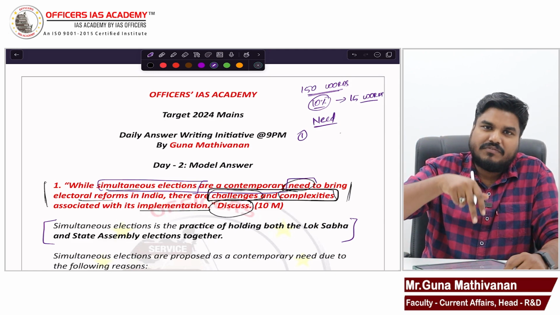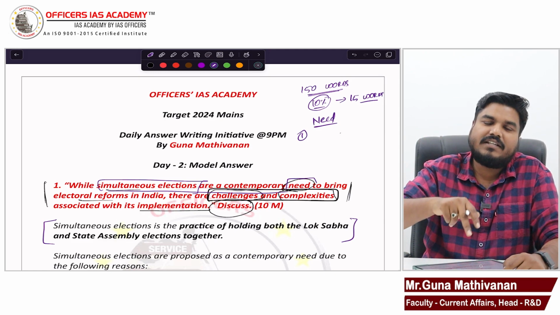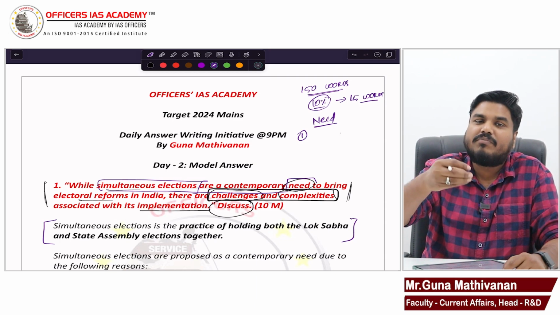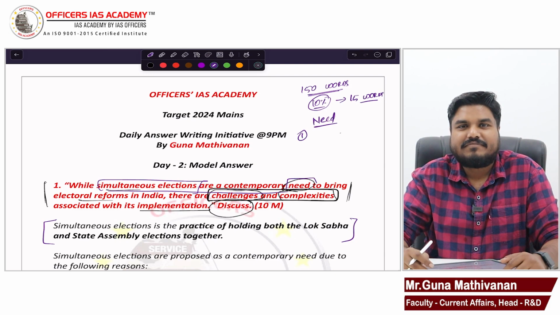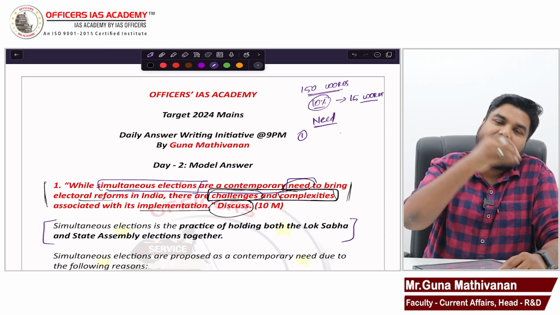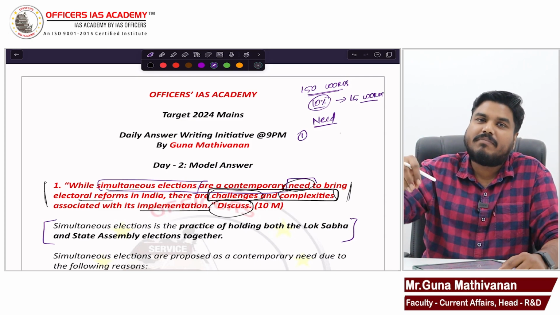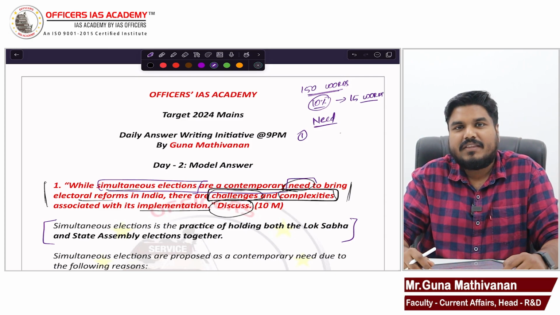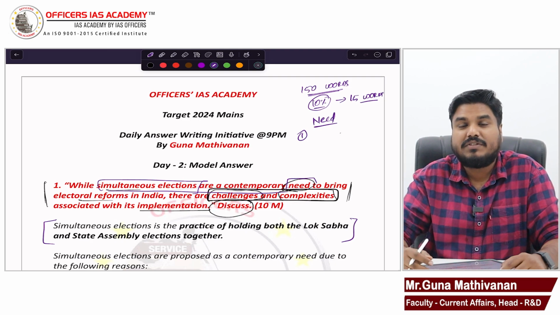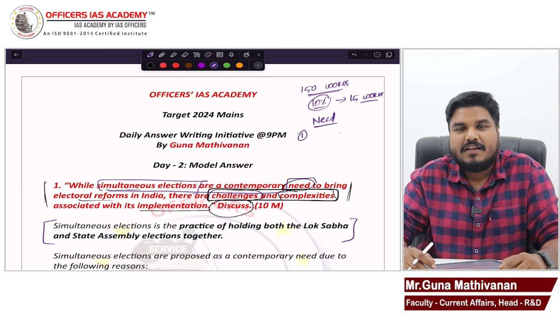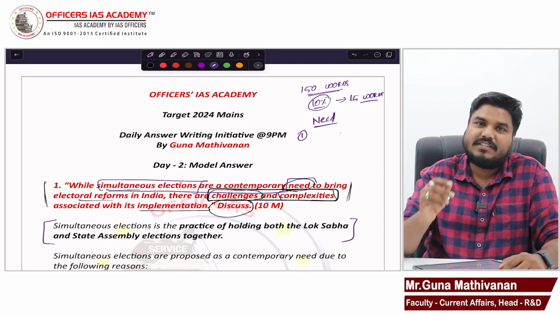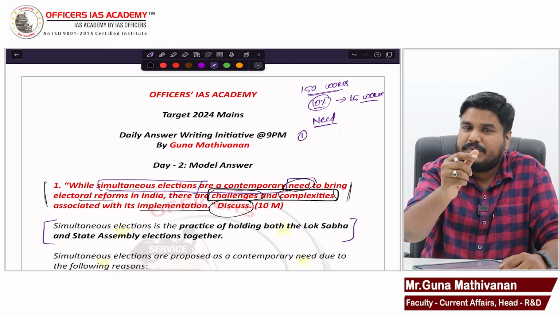When elections come, the model code of conduct comes into force, which disrupts the policy initiatives of the government, so that leads to policy paralysis, right? Huge election expenditure adds burden on the government finances, also the political party finances. In the 2019 election alone, the total expenditure came to around 60,000 crores. So there are various needs which we have discussed, that one by one in a crisper form you can write.